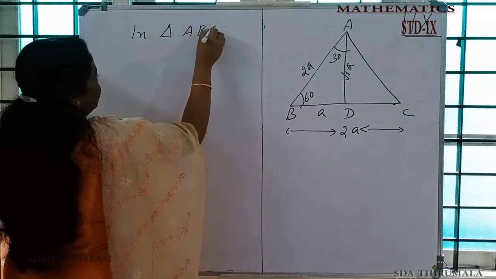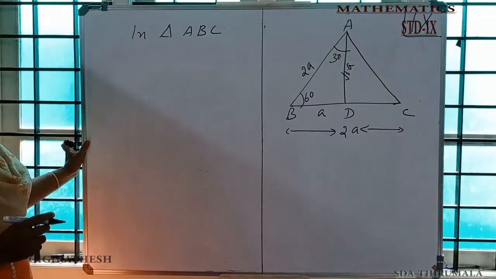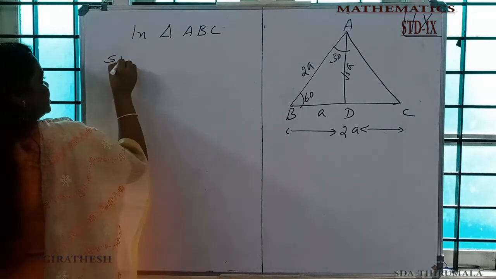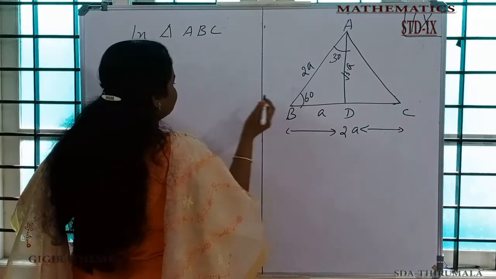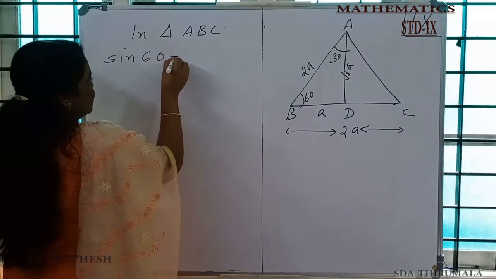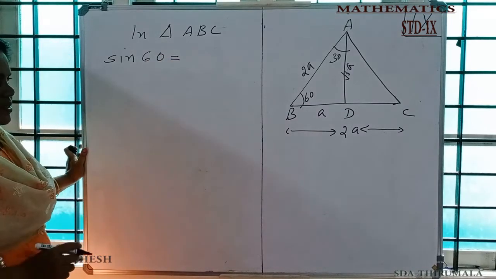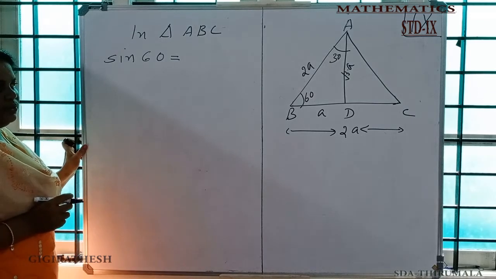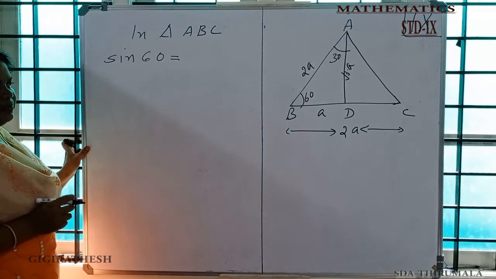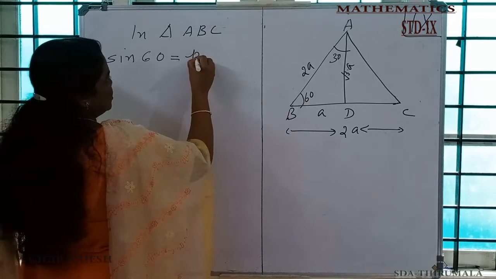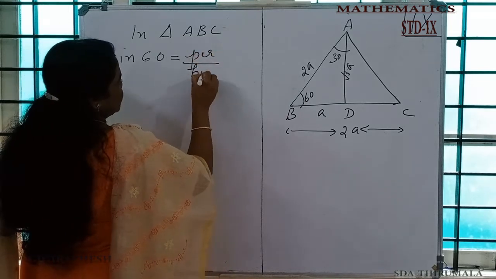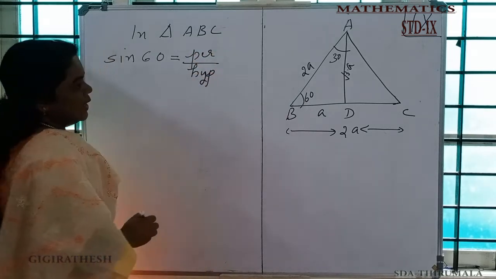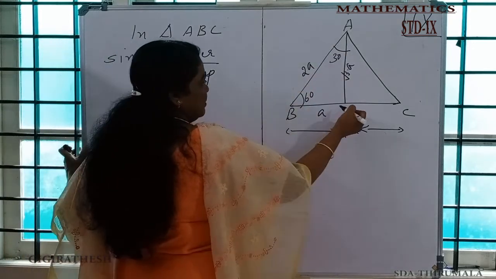What are the values of these ratios? The first ratio is sine; we are finding the value of sine 60. Sine ratio is equal to perpendicular by hypotenuse, that is AD by AB.